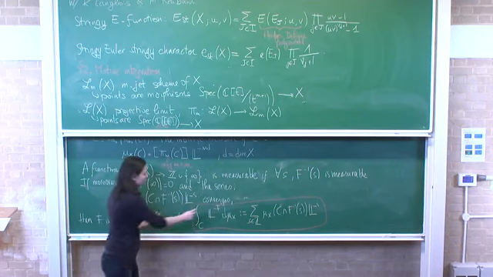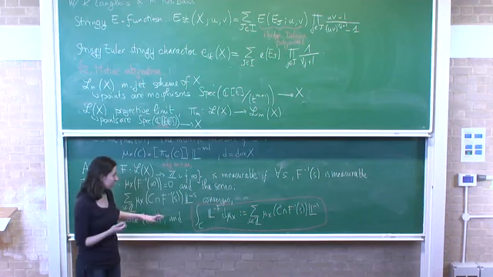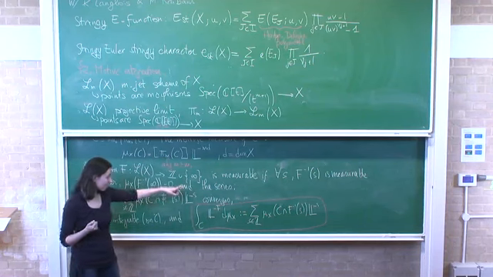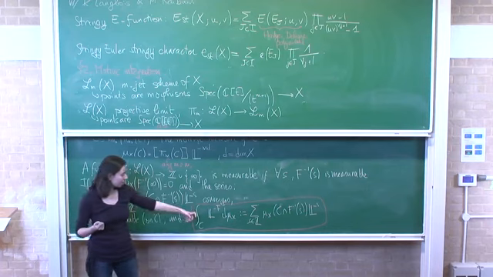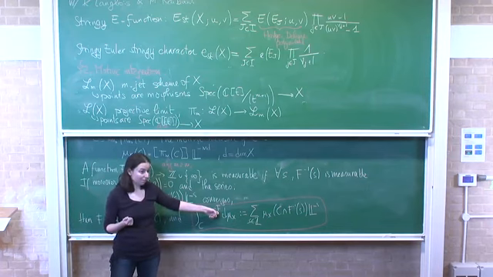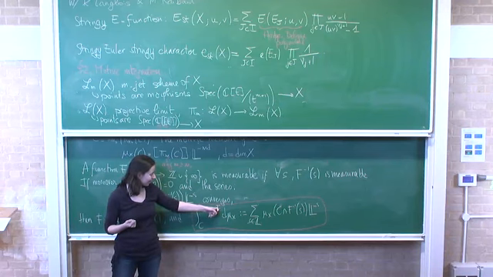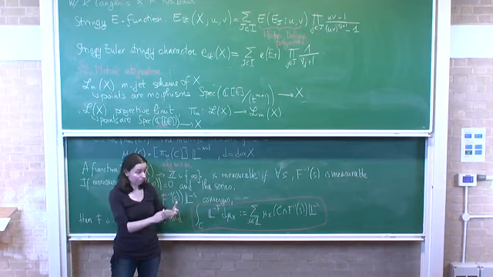And now these stringy invariants can be computed by integrating here with f being the order along the relative canonical divisor of the resolution.